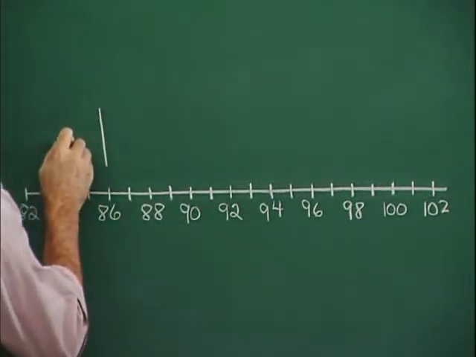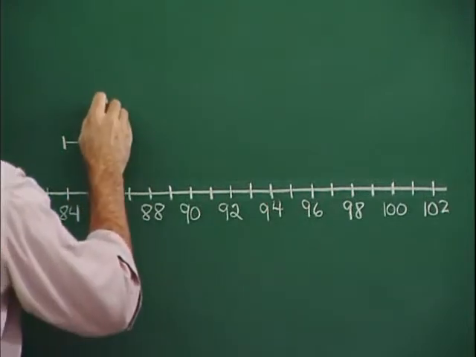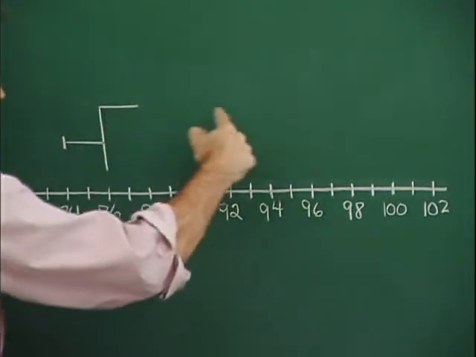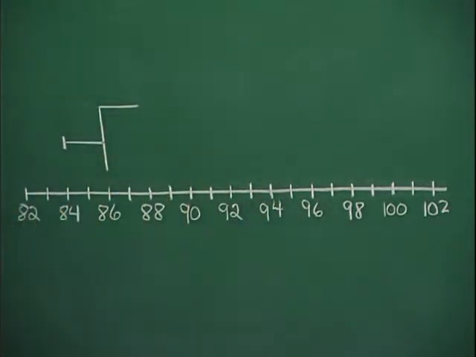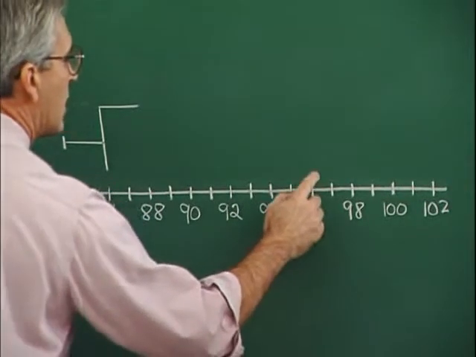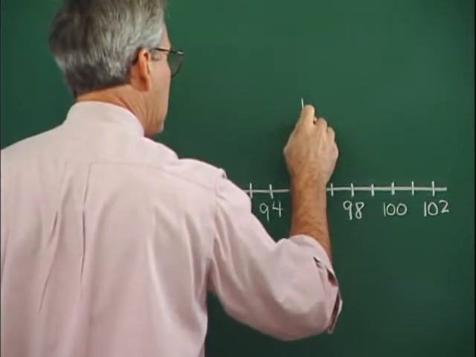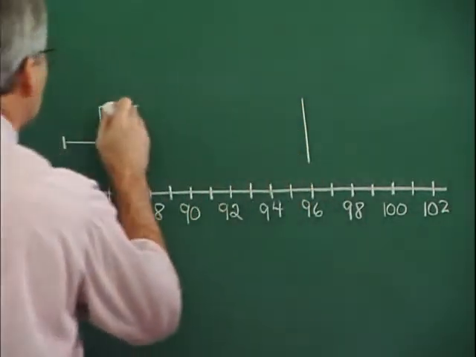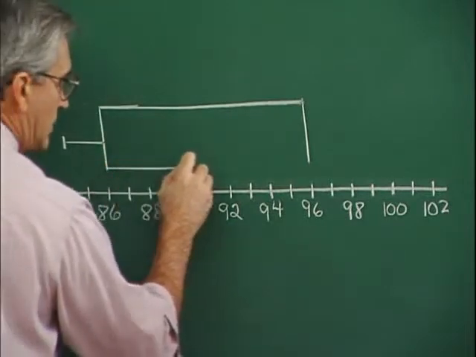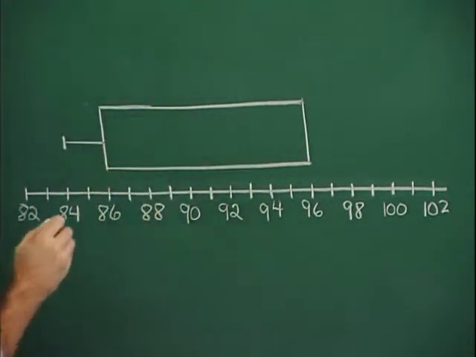So we have a whisker that goes to that position, and now the box goes out this way, and it extends all the way to the upper hinge, which was at the third quartile number, which was at 96. So here's 96. All right, so that's where we'll have a third quartile value, and it'll look something like this. And now we'll identify the median.